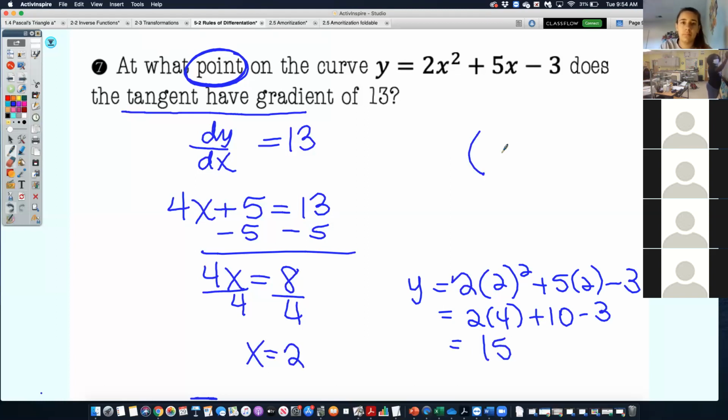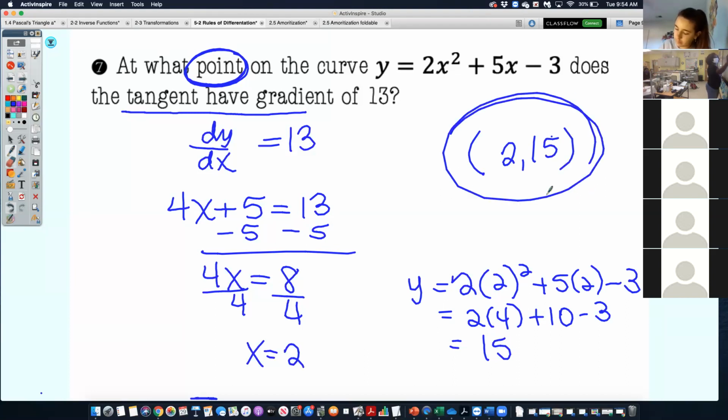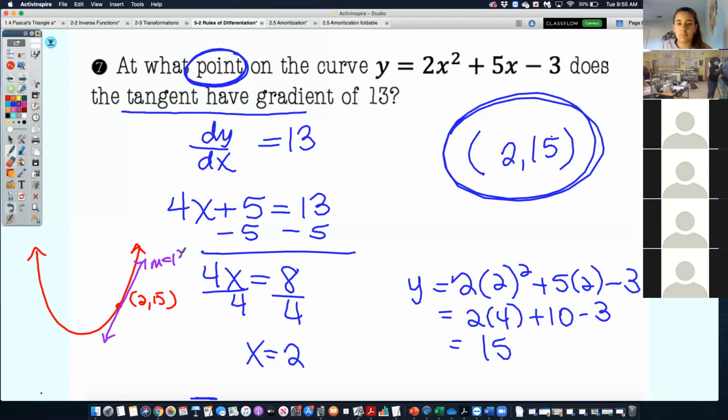So the answer is (2, 15). At that point on this quadratic function, so this is a quadratic that points up, at the point (2, 15), the gradient of the tangent line is what again? 13. That's what that means. And I'm just drawing this over here to the side so that you associate in your mind that derivative means slope of the tangent line.